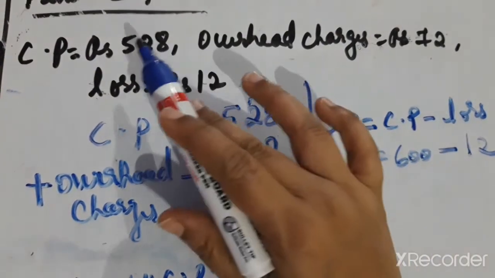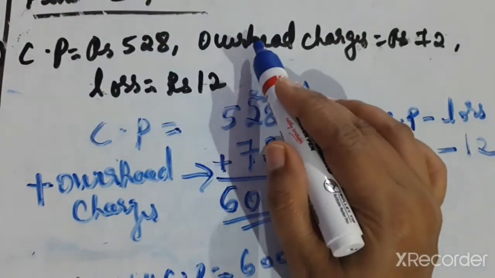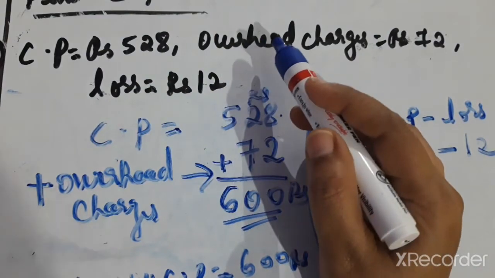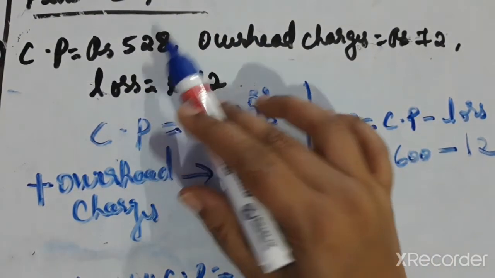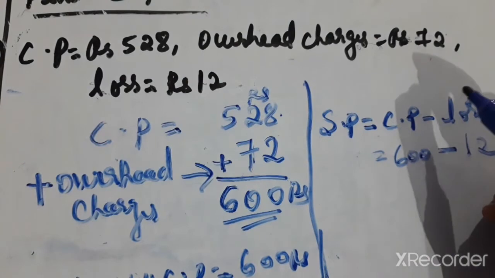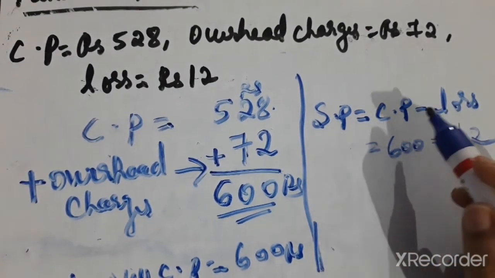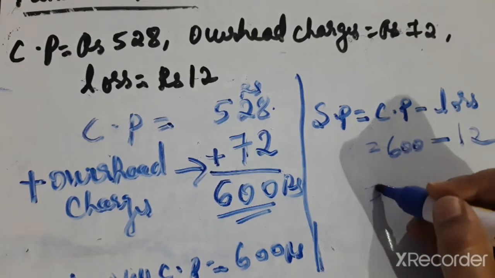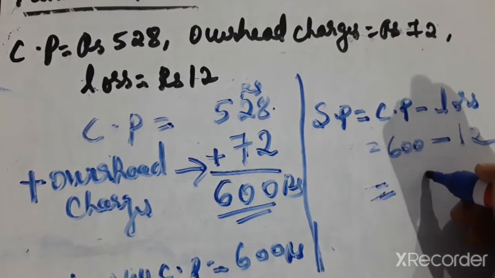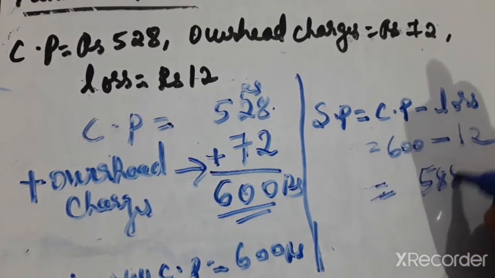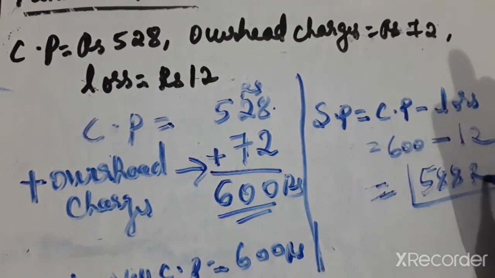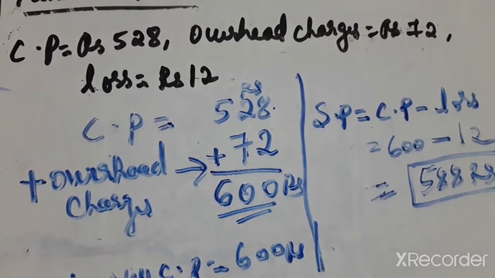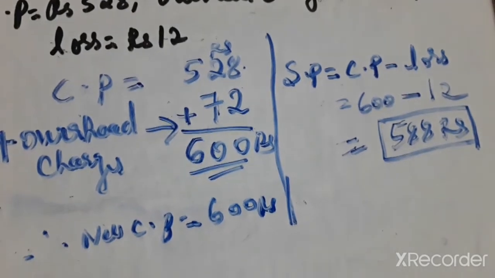You should not write cost price as 528. If any overhead charges or repairs amount is given, we have to add it to the cost price value. Then it becomes the new cost price. So selling price is equal to cost price minus loss, 600 minus 12 means 588 rupees.